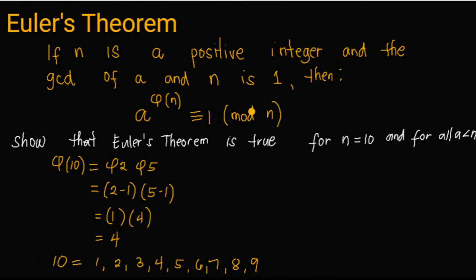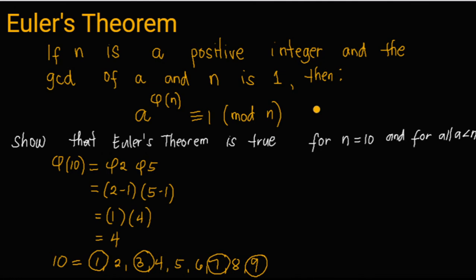Now what we're looking for, the value of a, it must be relatively prime to n. So, alin ba dito sa mga number na to ang relatively prime kay 10? Alin yung magbibigay ng GCD na 1? 'Di ba? So, syempre, we have 1. We also have 3, 'di ba? 7 and 9. Apat 'yon, kaya apat din dito tayo dito. Okay?